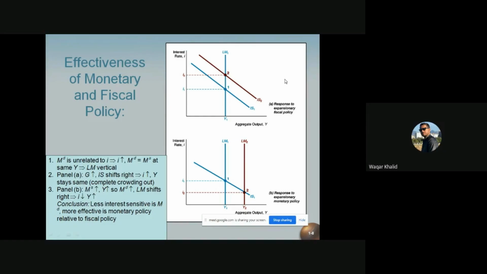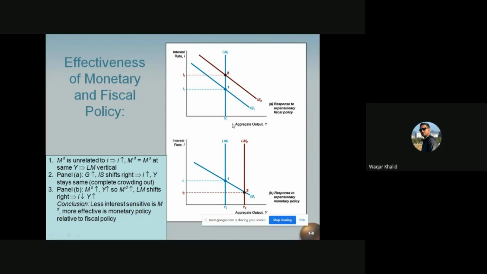As you know, the IS curve will shift to the right from IS1 to IS2 and leaves aggregate output unchanged. Look at the level of aggregate output. This is a fixed level of aggregate output. Why? Because we have the vertical LM curve.